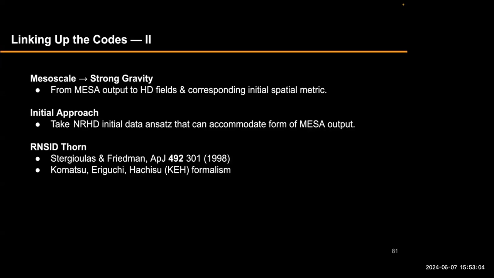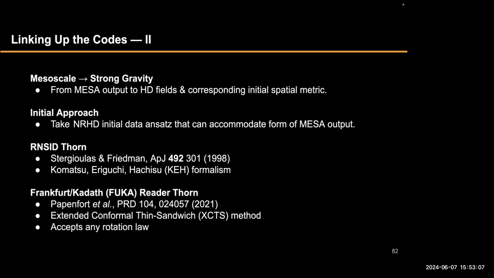But we also have the possibility, and have already started looking into it, of using the Frankfurt Kadath, or FUKA, thorn. We currently have one of the lead authors and maintainers of the code, Samuel Tootle, in our research group, so it's very useful because, from my experience at least, it's very difficult to work with RNSID. But with FUKA, because we have the lead author, they really know how to work with the code, and so it gives us a lot more control over initial data.